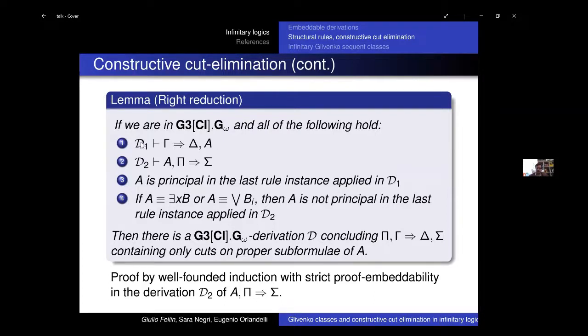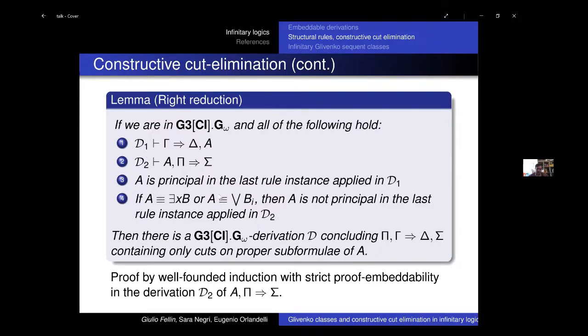If there is a derivation D1 of the sequent gamma arrow delta, A, if there is a derivation D2 of A, pi arrow sigma, if A is principal in the last rule instance applied in D1, and if A is either an existential formula or an infinite disjunction, then A is not principal in the last rule instance applied in D2.